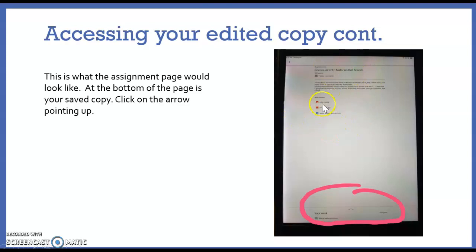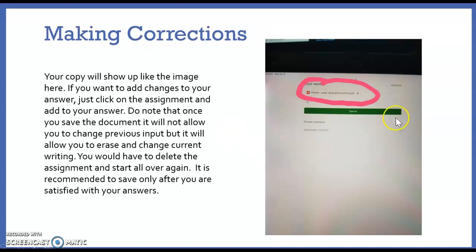You will still see the original information that I assigned to the class, and then at the bottom it will show the option of your work. This is where your copy was saved with all your recorded answers. So you will click on this little arrow right here, and it will bring you to your information.